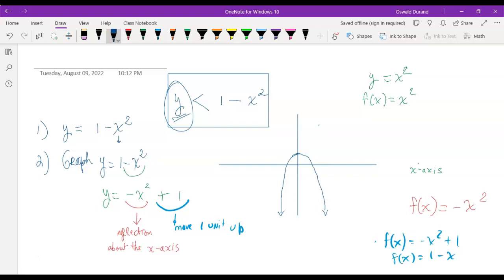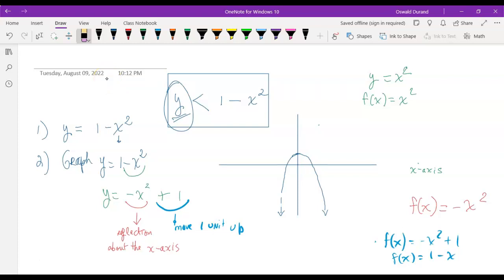And here, because there's no equal sign, I don't need this graph. So I just need to represent 1 minus x squared as the boundary. And so, therefore, I need to represent the boundary as a dotted line or a dashed line.